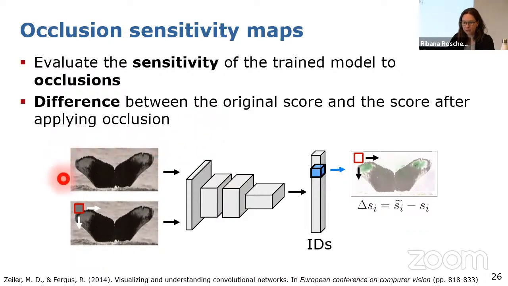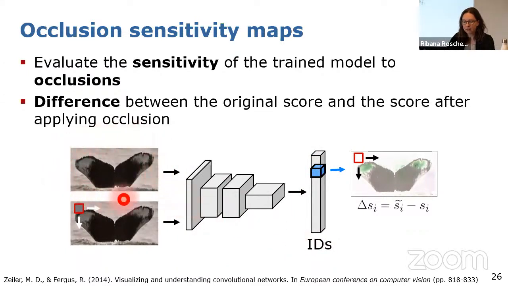So what you do here, you have an input image. Important thing, you have an already trained model, so this is done post hoc. For example, here are some convolutional blocks, and in the end, you have a decision layer for a specific whale ID.